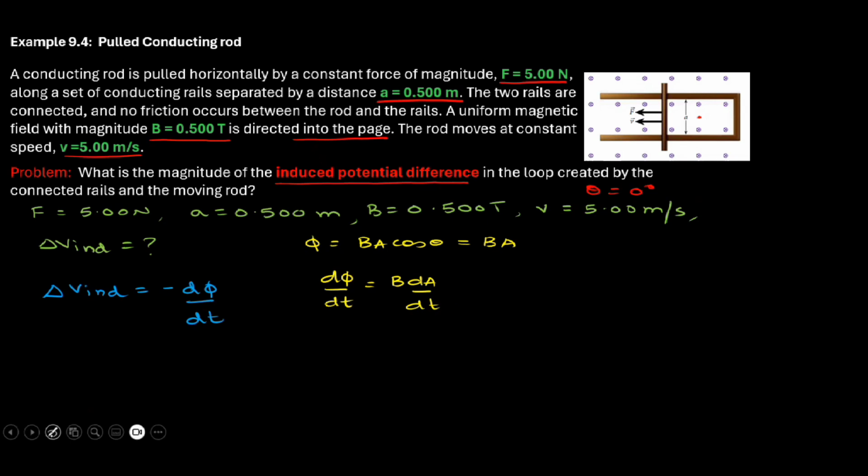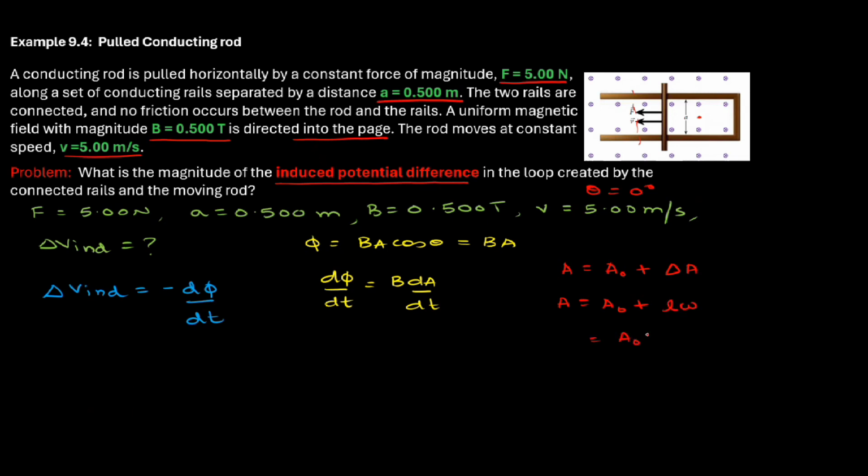Now, how do we find this area? We can write the area A as the sum of two parts. First, the area A0, which was the original area before the rod started moving, plus the area delta A, which is the increase in area when the rod started to move. Then we write A equals A0 plus the increase in the area of the loop, which can be written as length times the width.